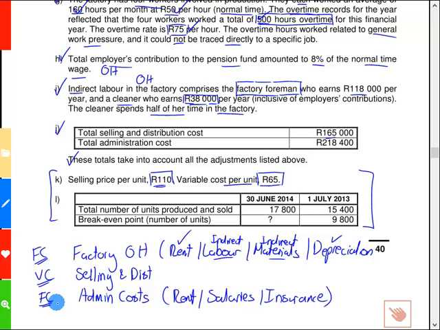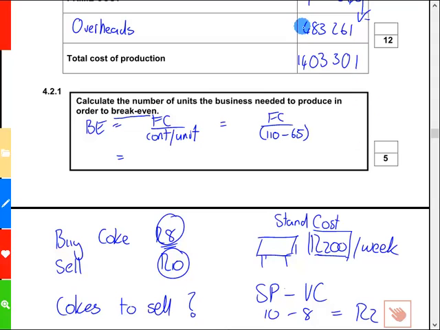That's why when we calculate our fixed costs, we're going to take the admin costs and we're going to take our factory overhead costs. So that is 483,261.